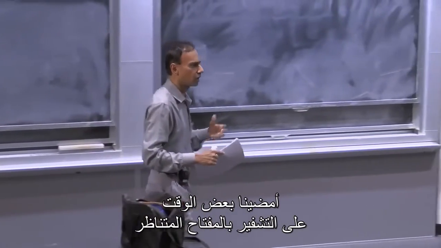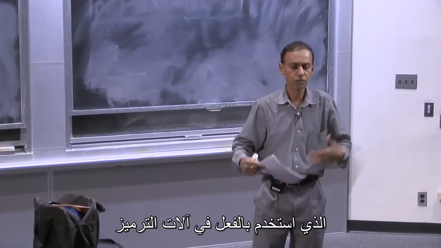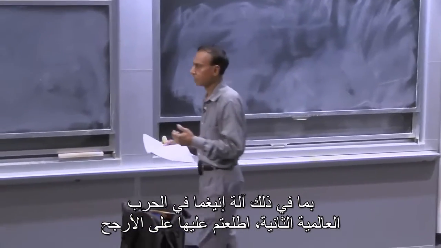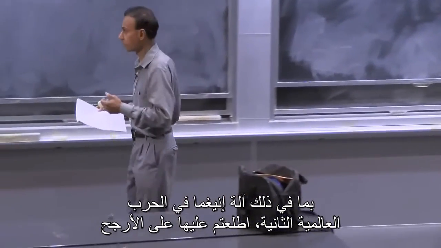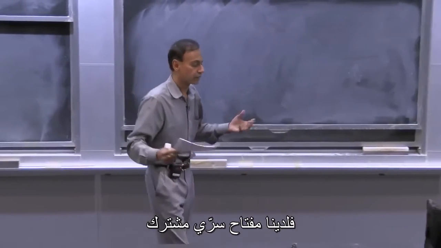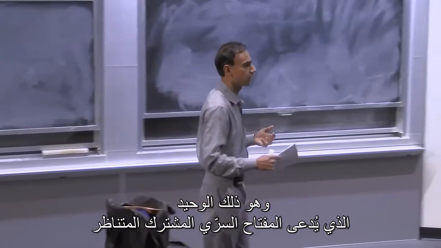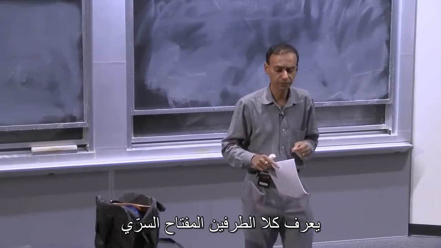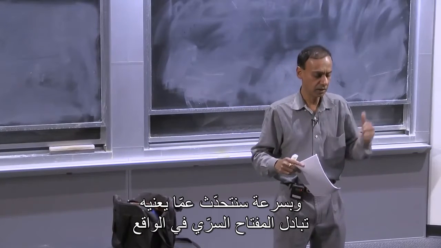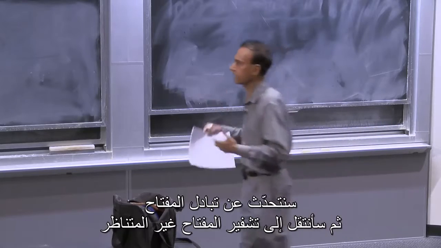Spend a little bit of time on symmetric key encryption, which is really something that was used in encoding machines, including the Enigma from World War II that you probably saw if you saw the Imitation Game. So there you have a shared secret, and it's a single, what's called symmetric shared secret. Both parties know the secret. And very quickly, we'll talk about what it means to actually exchange a secret. So we'll talk about key exchange.